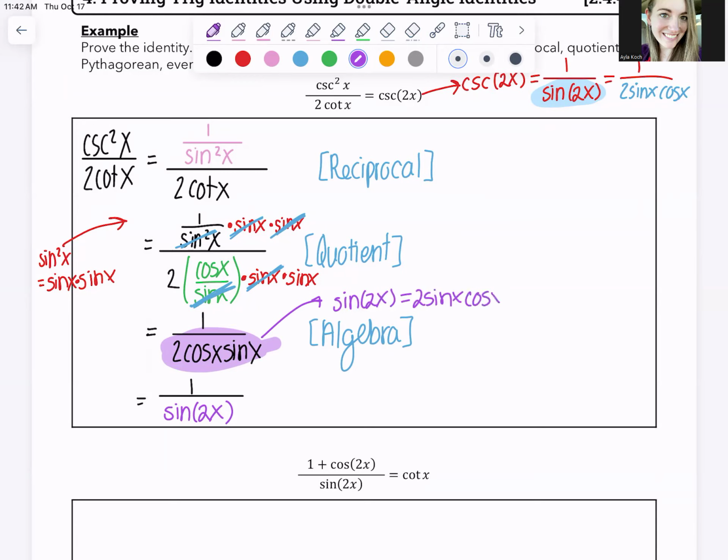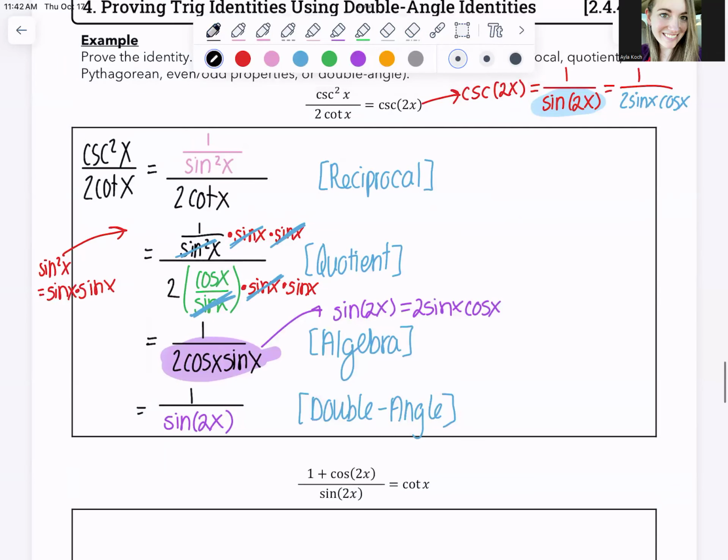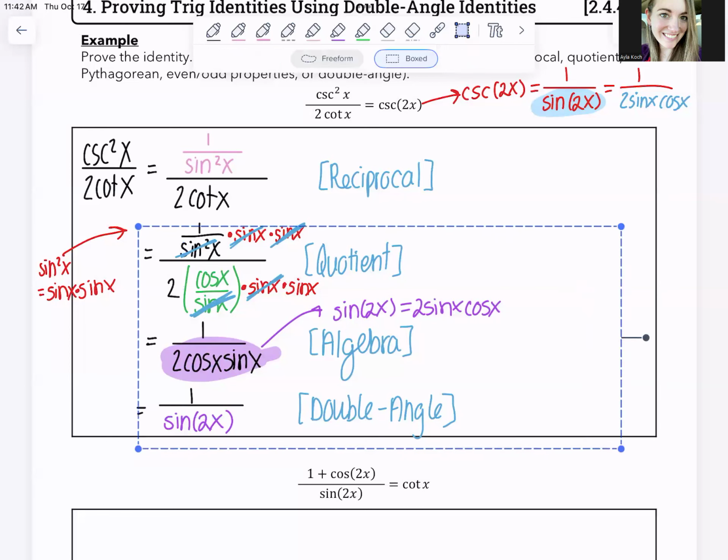And it doesn't matter the order that that's in, right? And we did that by a double angle identity. And then I like to make this all in one line. That would be great.